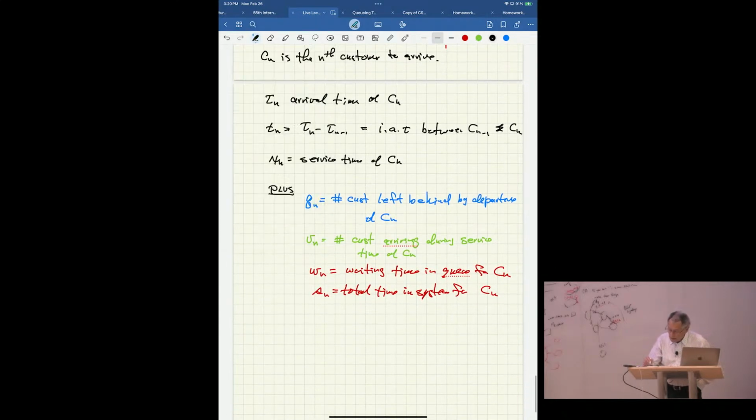Small comment. dk, the friend we were after before the break, is equal to the limit as n goes to infinity of the probability that Qn equals k, namely the probability that a departure leaves behind k. That's what dk is in equilibrium.